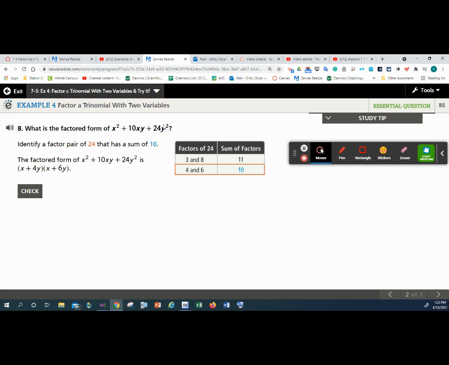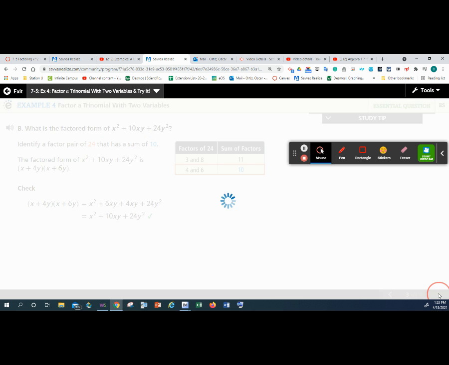If you imagine this just being 24 and forgetting about the y, you do the process and you find the numbers 4 and 6, but then you realize that this is y to the second power, so you throw in the y in each factor, and that's how you complete your factorization. If you go backwards trying to multiply it and check your answer, in fact, it works.